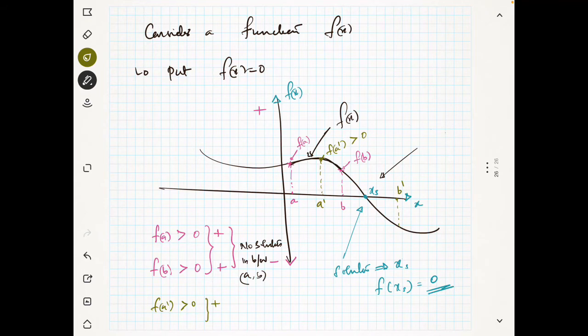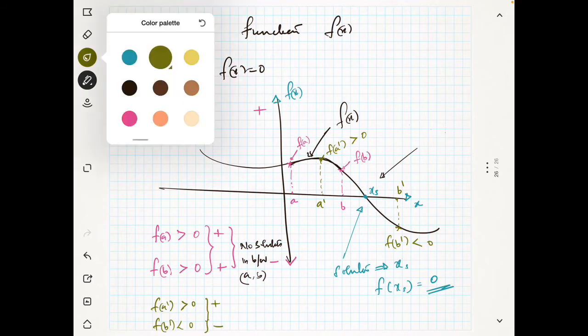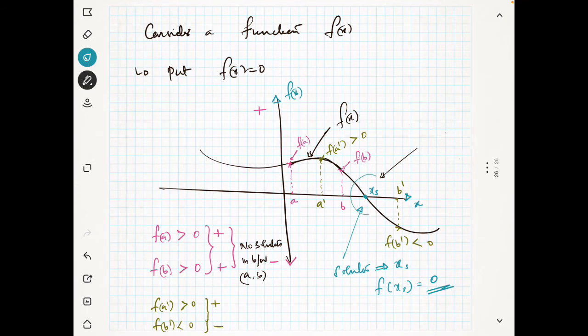Okay, and you see here f of B dash is negative, which is less than 0. So f of B dash is less than 0. That means it is negative. You see here that exactly the solution is here. You see, this is the solution. So the solution exists between this A dash and B dash. That means the solution is there in the interval A dash B dash.